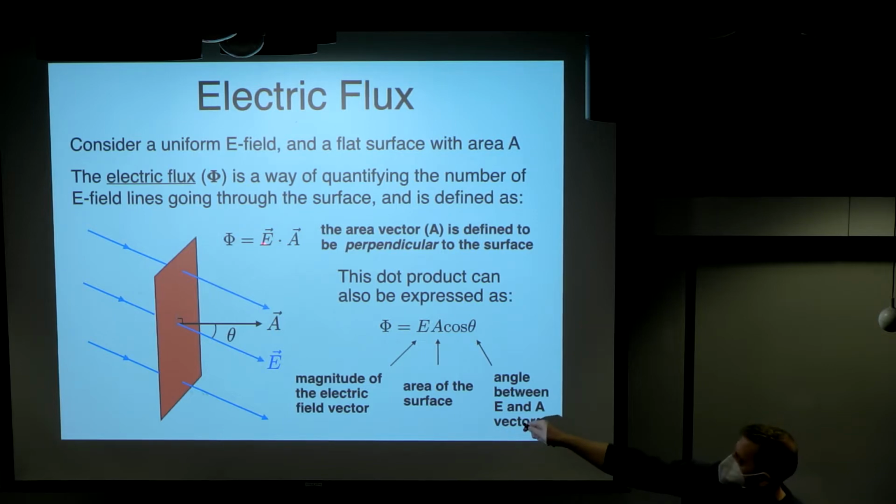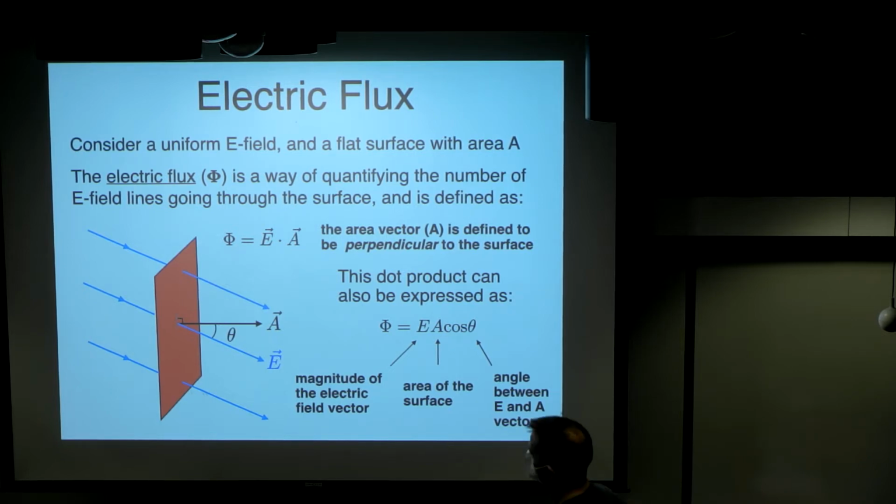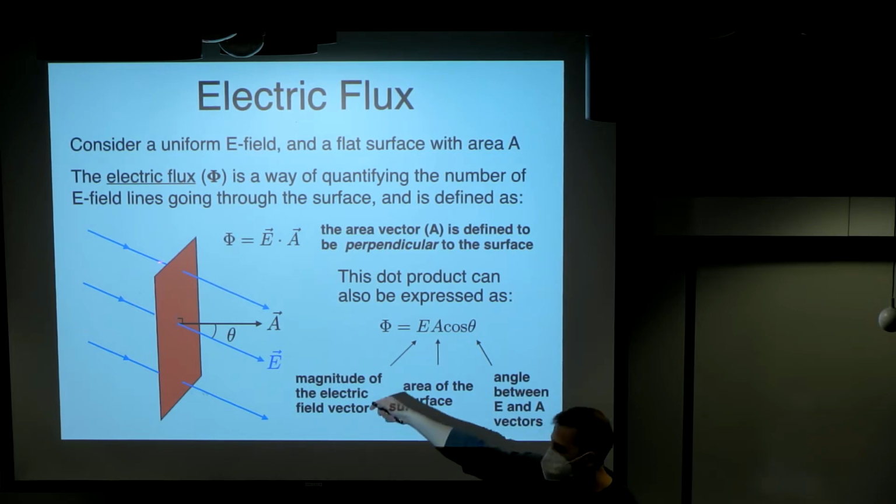E, of course, is our electric field. It's a vector. A is our area. Usually we don't think of area as being a vector, of course, but in this case we are. If the area is going to be thought of as a vector, the magnitude of that vector is just going to be what the actual area is.